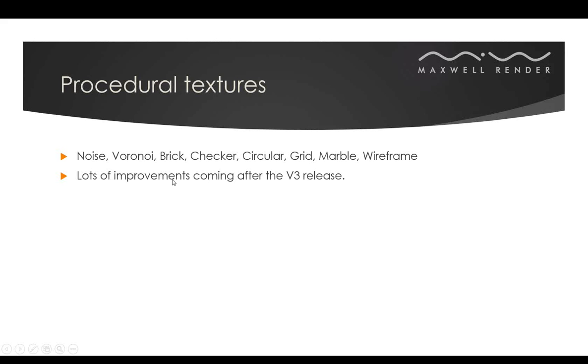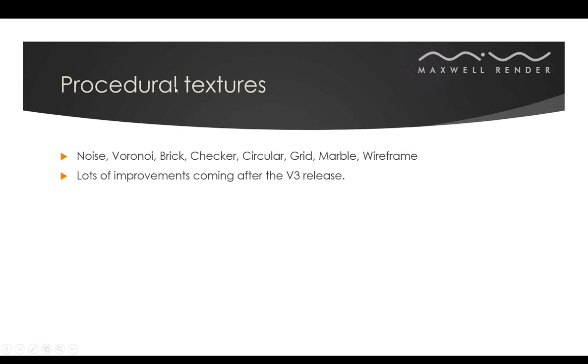And it's important to know that this is the first implementation, so to speak, of procedurals, and we have a lot of cool stuff coming soon after version 3. So for example, you can drive the noise with the distance from the camera, or do procedural nodes, procedural networks, so you can drive different things in the material itself.